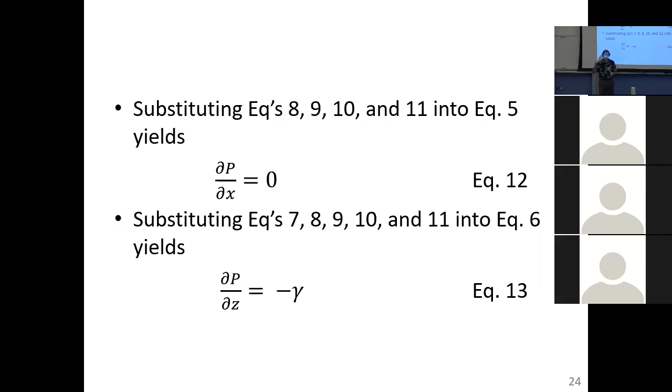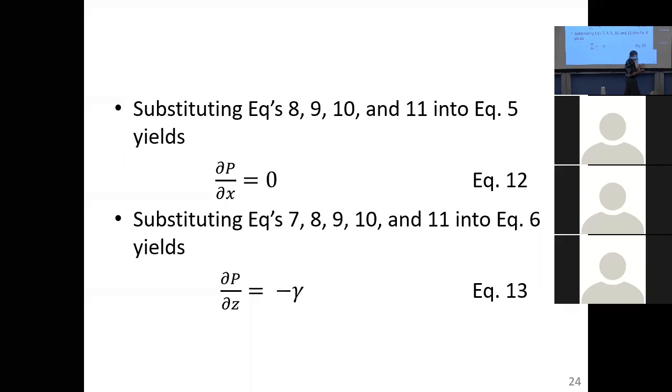And what that means is if you move in a horizontal direction, when the only acceleration field is gravity, then you don't change pressure as long as you stay in the continuum, right? So if I have a glass of water and I move horizontally in a glass of water, I'm not changing pressure. But if I go outside of the glass of water into the air, obviously I've changed pressure, but I don't have a continuum anymore. So you have to have the continuum for continuum mechanics to operate.